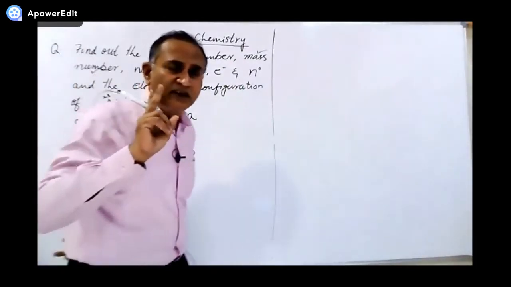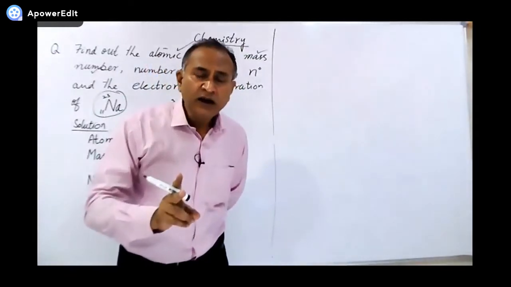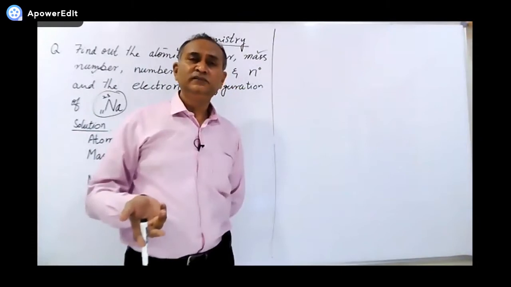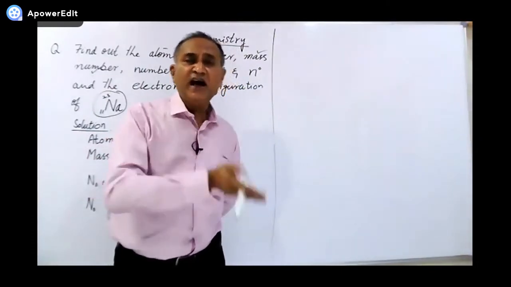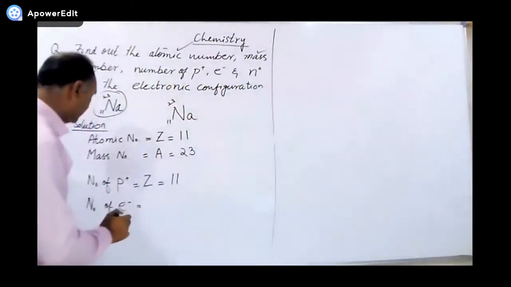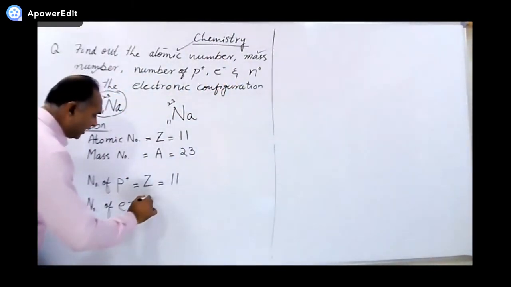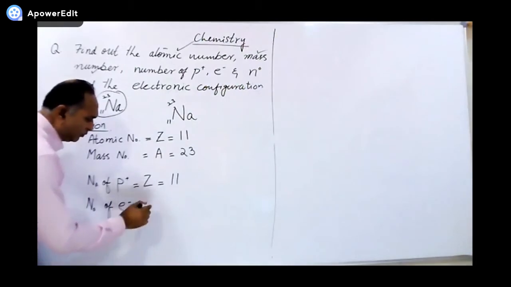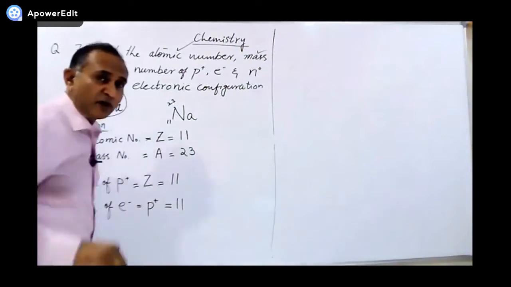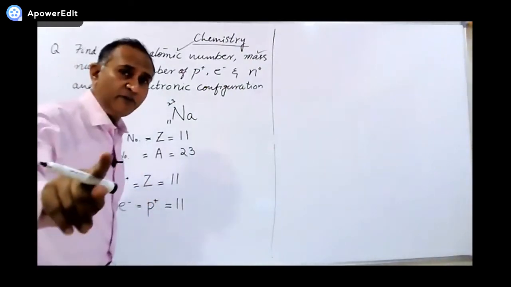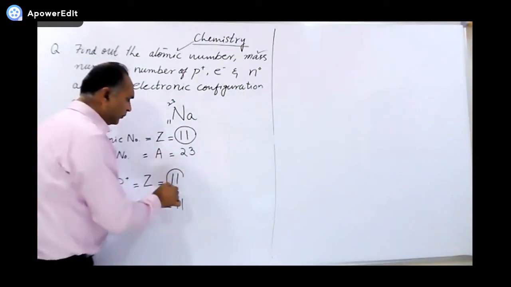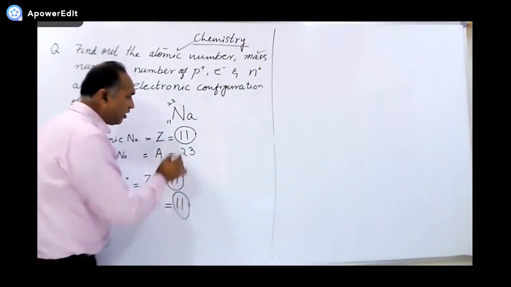So when the atom is neutral, it means protons and electrons are equal. As many electrons as protons are there. So number of electrons is equal to protons, which means 11. So what is the bottom line here? For a neutral atom, the atomic number, the proton number, the electron number, all are the same.